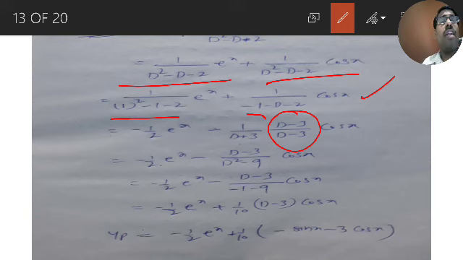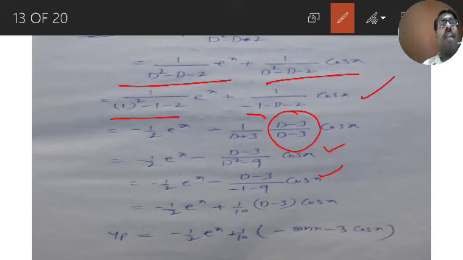So what you will get? 1 by minus 1 by 2 into e power of x minus d minus 3 by d plus 3 into d minus 3, that is a square minus b square, that is d square minus 9. At place of d square substitute minus 1, you get minus 1 by 2 into e power of x minus d minus 3 by minus 1 minus 9 of cos x.